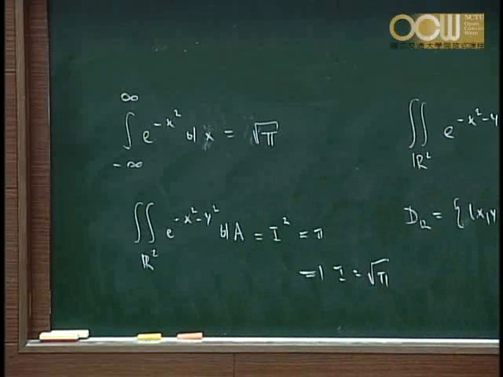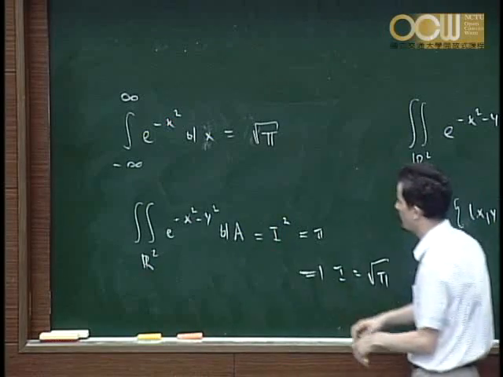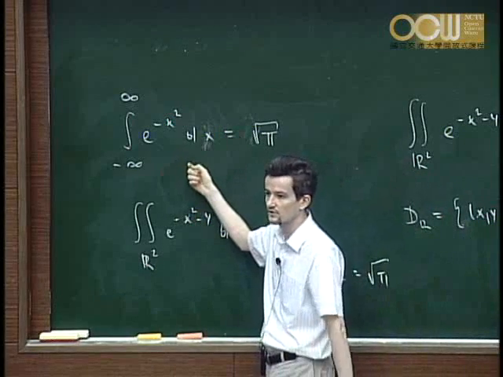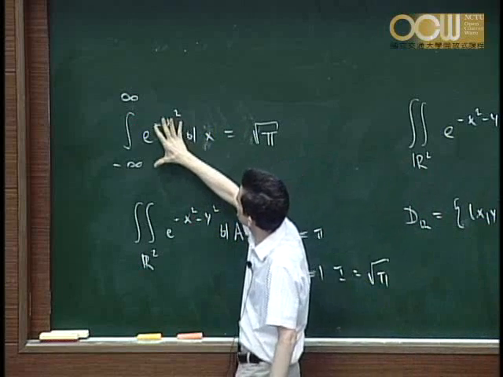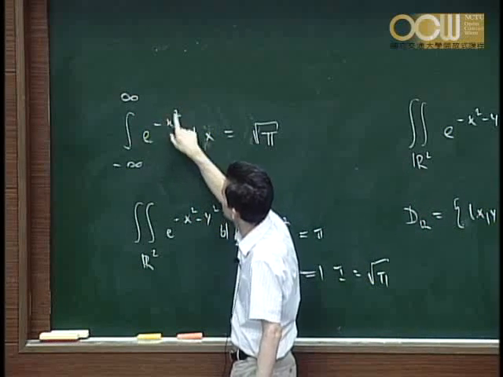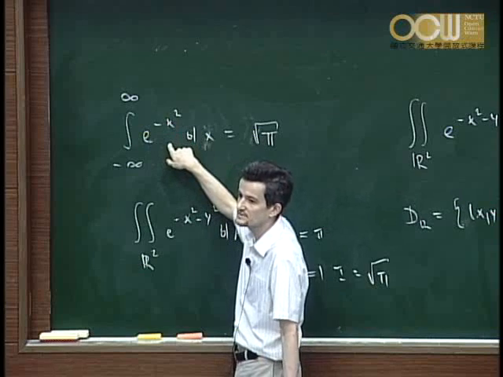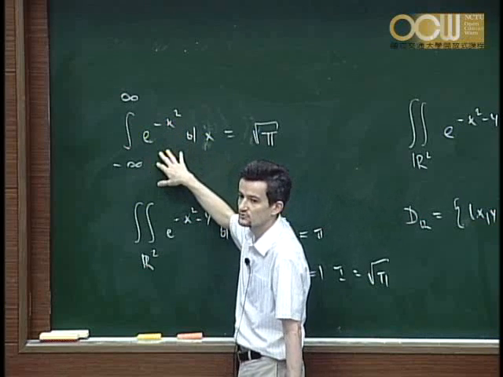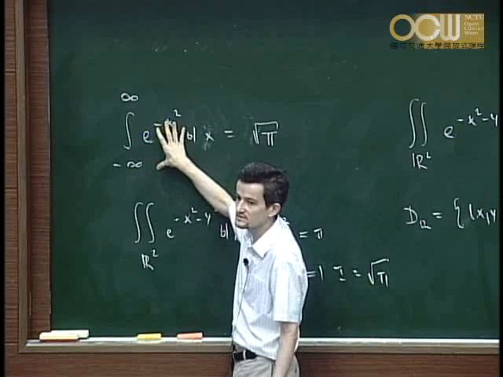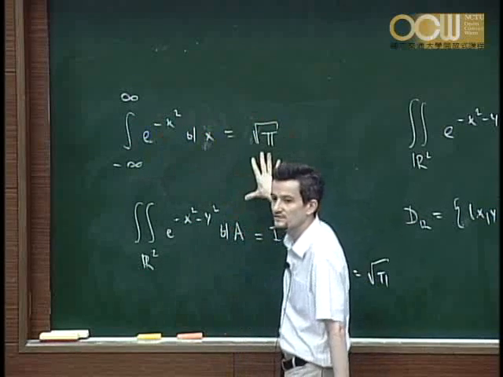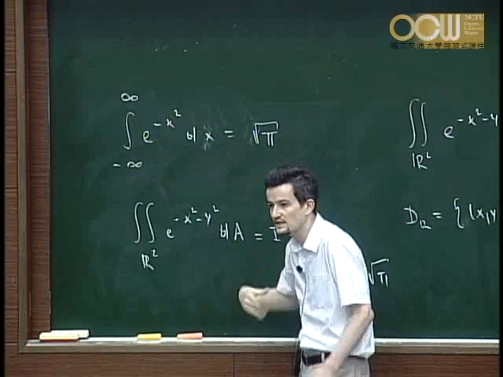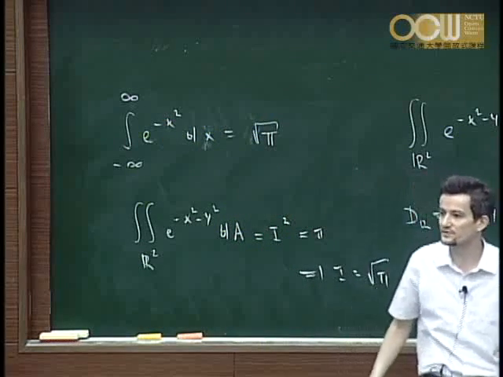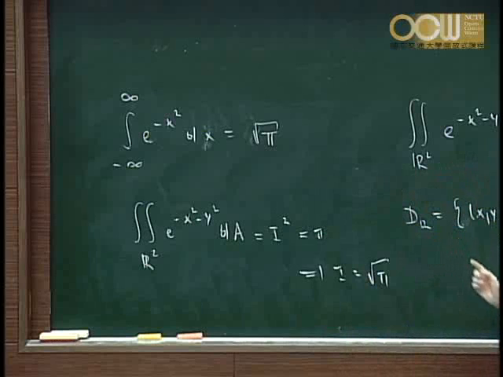This would be a very hard problem if we had considered it last semester, because we cannot find the antiderivative here, so we cannot use the fundamental theorem of calculus to evaluate this. The only tool we had last semester was to write out the definition, which is very complicated, and try from the Riemann sum, from the limits and so on, to figure out what the value is. It's possible, but very complicated.